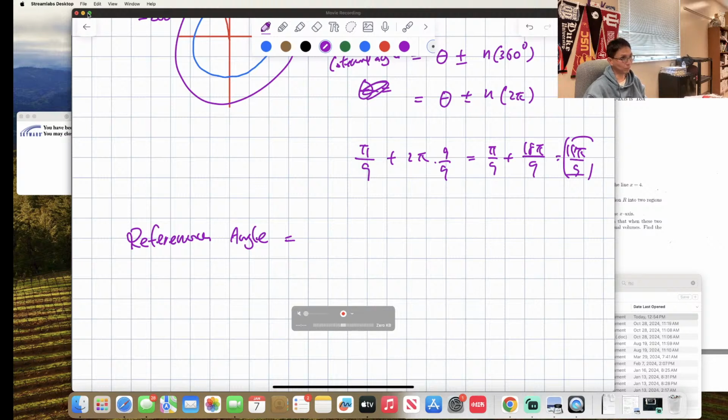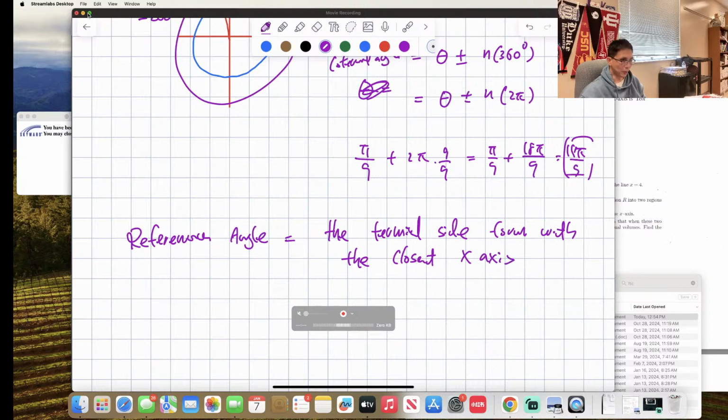It is the terminal side formed with the closest x-axis. So terminal side formed with the closest axis.